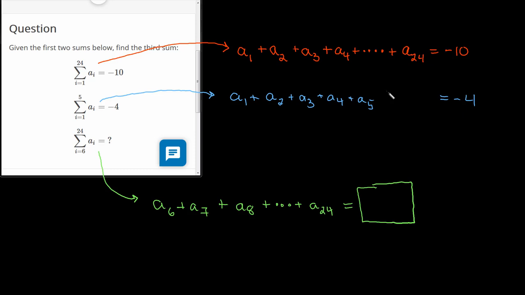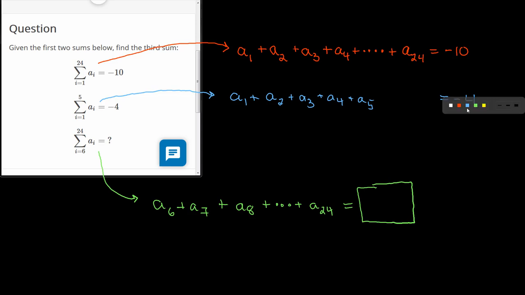What this first one is saying is that if you start at A1 and add all the way up to A24, you get negative 10. And this one is saying that if you just add up the first 5, you get negative 4. So I'm going to highlight that.